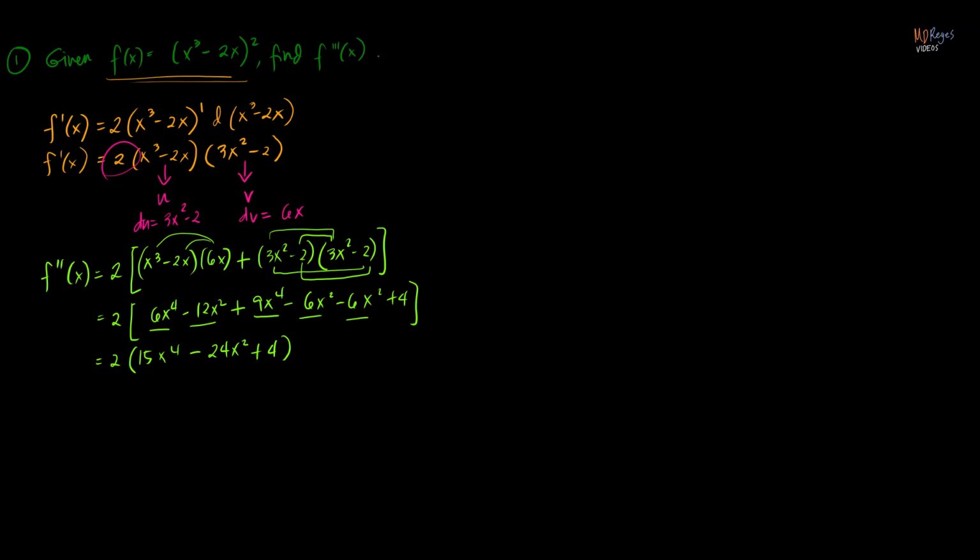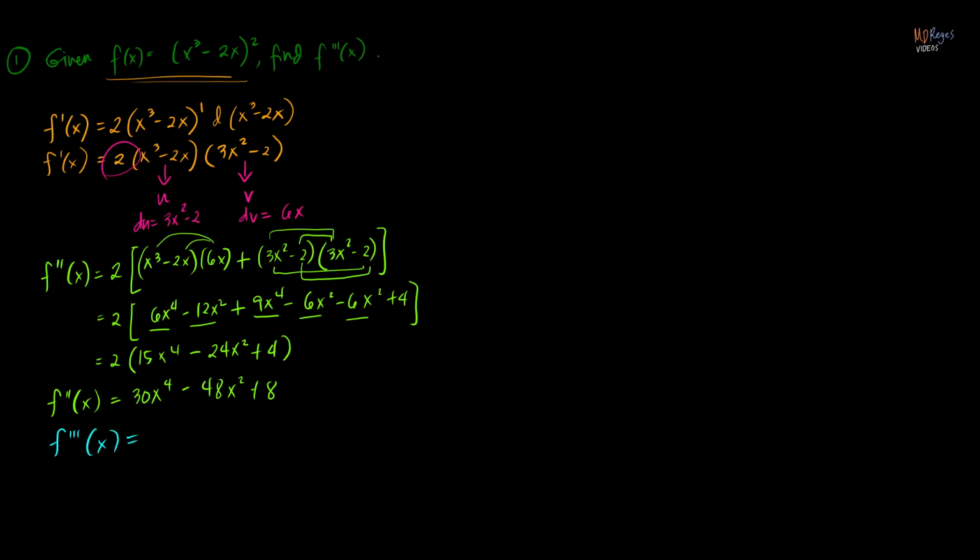So we can just remove the grouping symbols to finalize f double prime of x, distribute 2 inside the parentheses, and that will give us 30x to the 4th minus 48x squared plus 8. Now to get f triple prime of x, we simply just have to differentiate f double prime of x.